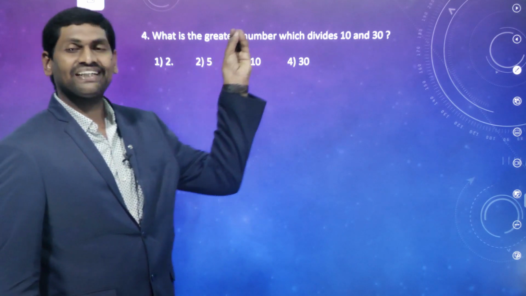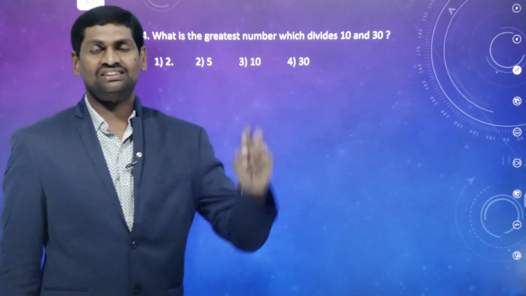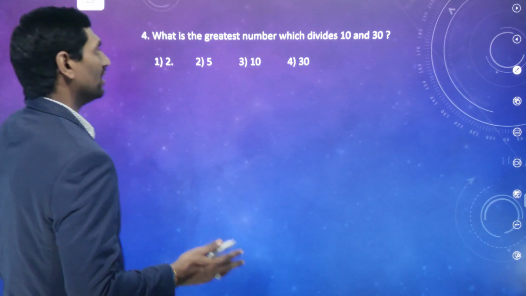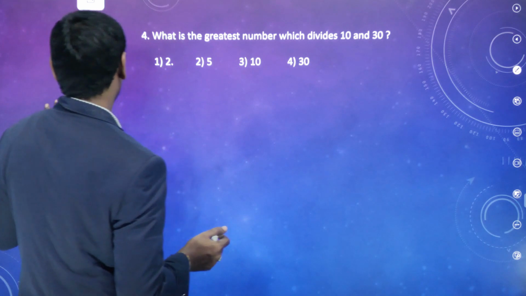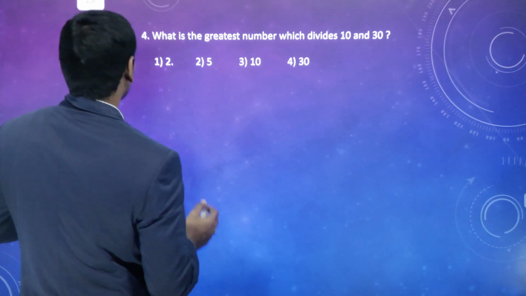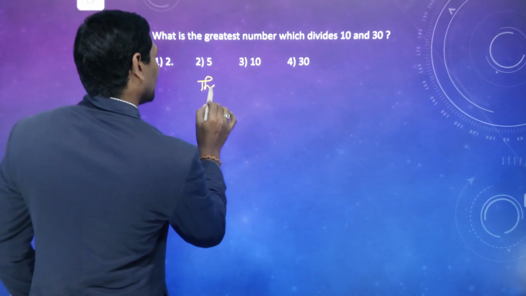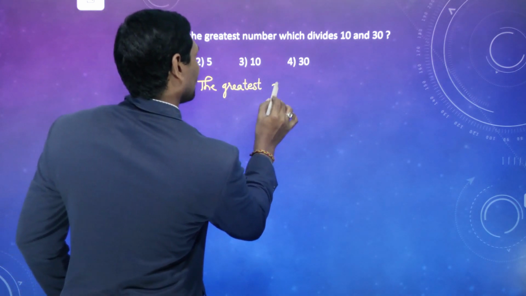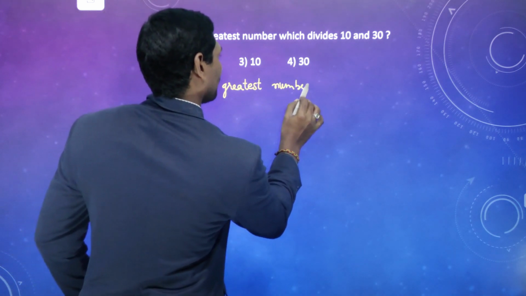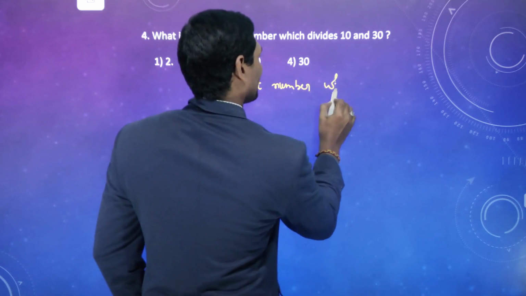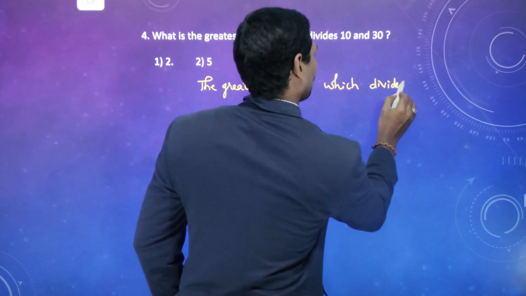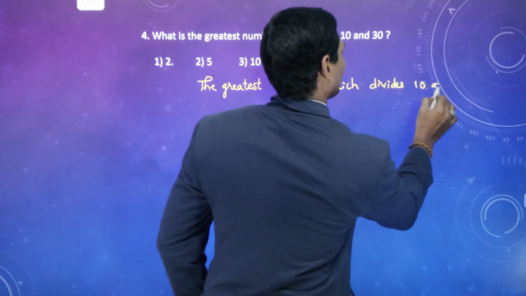See, what is the greatest number which divides 10 and 30? The greatest number which divides 10 and 30 is nothing but its HCF.